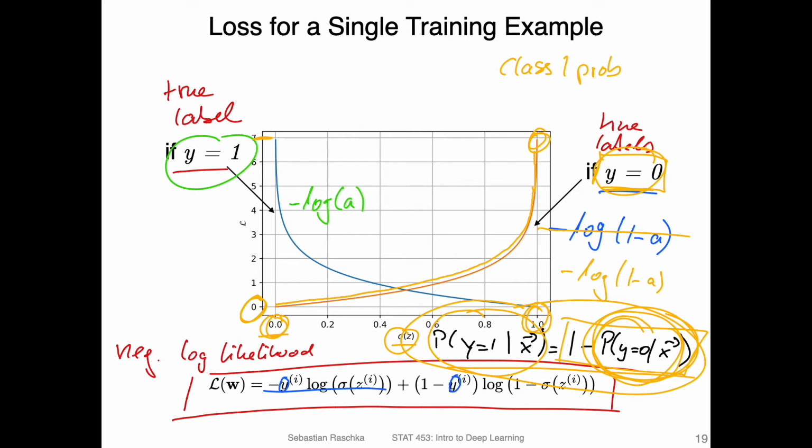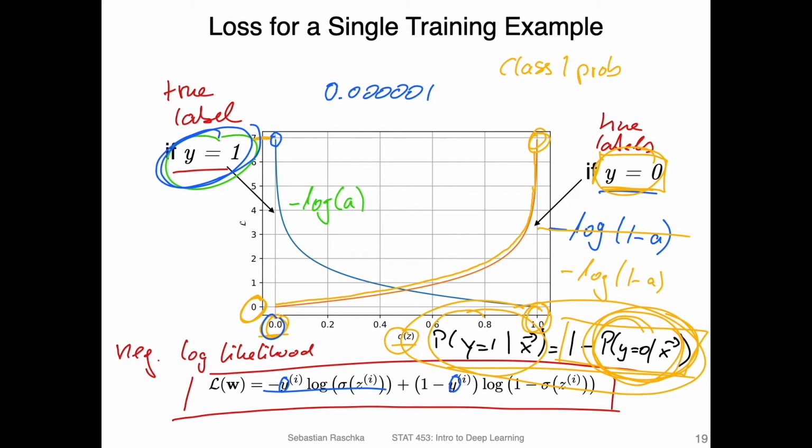The same way, let's use the blue color for the case when the class label is 1. When we have a low probability for class membership 1, we have a high loss, and it approaches infinity. We will never really have a probability of exactly 0. We will hopefully have something very, very small, because otherwise it will crash our log function.